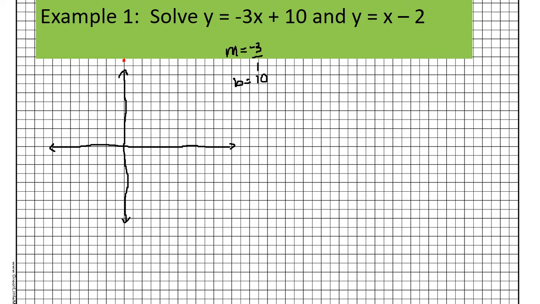And then our slope is -3, so that means I go down 3, 1, 2, 3, and over to the right 1. Down 3, to the right 1, and keep going, and extend it all the way throughout your graph. So I'm going to go ahead and connect those dots.